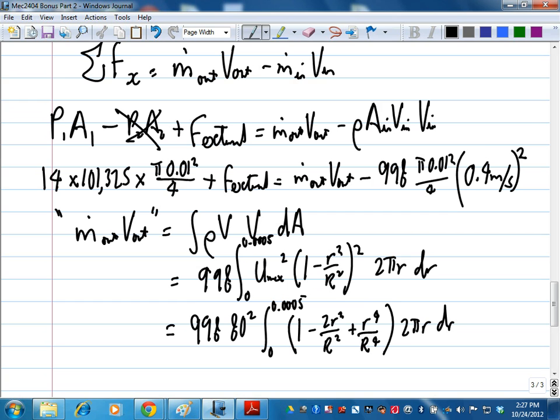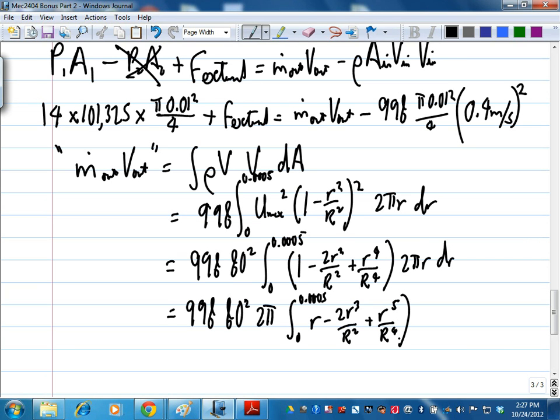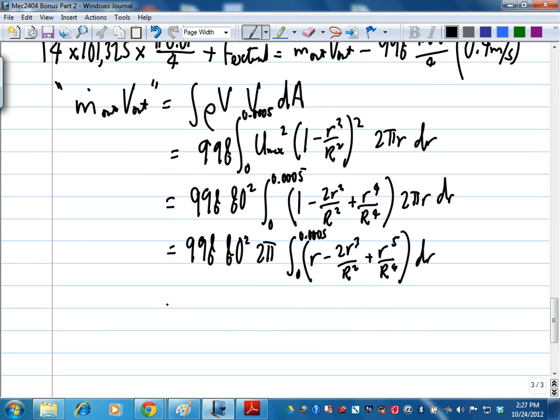So this is actually 998 times U max squared. This one is 2 pi, which can also walk outside. The integral from 0 to 0.0005 of r minus 2r cubed over R squared plus r to the 5 over R to the 4 dr is equal to 998 times U max squared times 2 pi.